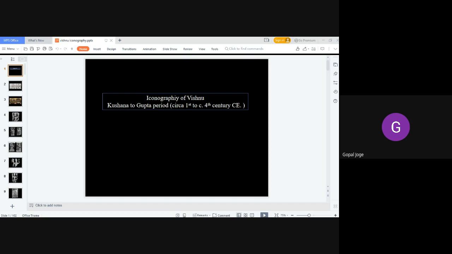How in the inscriptions the changes within the Vaishnavite faith or the formation of Vaishnavism can be seen. Now, in that context, one of the earliest references of Vasudev and Sankarshan is found at the Ghoshundi inscription found in Rajasthan.